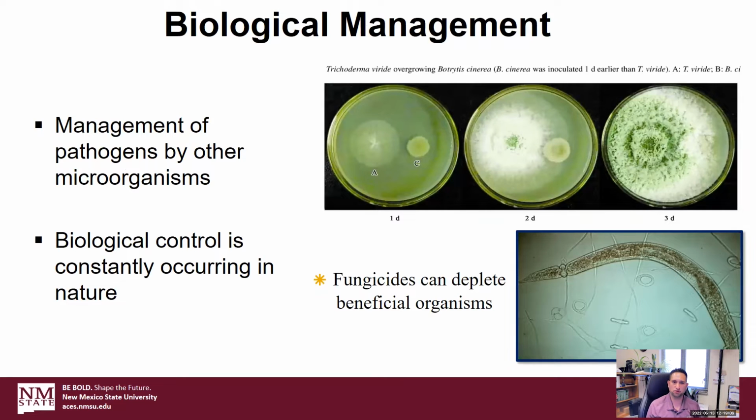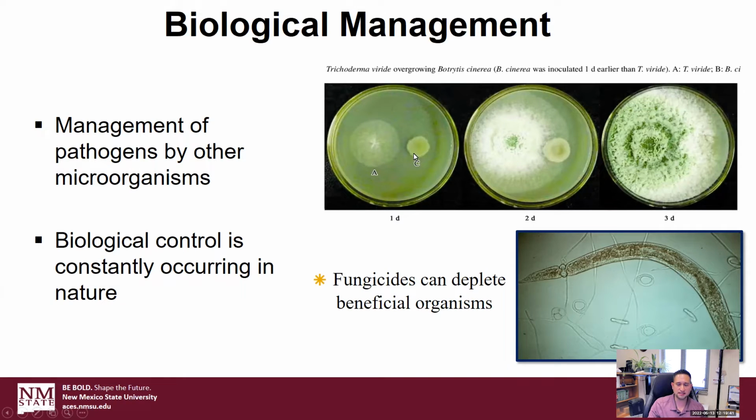Next is biological management. That means just the management of pathogens by other microorganisms. So this is constantly occurring in nature. There's a lot of native strains of microorganisms in our soils that help our trees and plants fight off some of these pathogens. And here's an example here. This is a trichoderma. This is found universally in soils. It's a beneficial fungus.